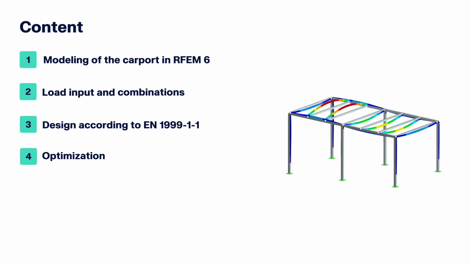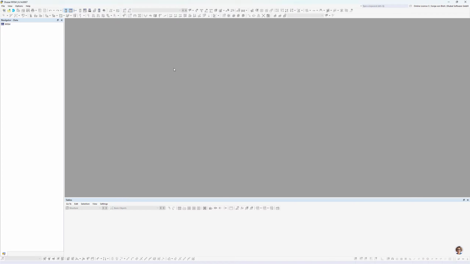After that, I will design the carport using the aluminum design according to Eurocode 9. Finally, I will show how the structure can be optimized if the design checks are initially not satisfied so that they are ultimately fulfilled. Let us start with the first step, modeling the carport.